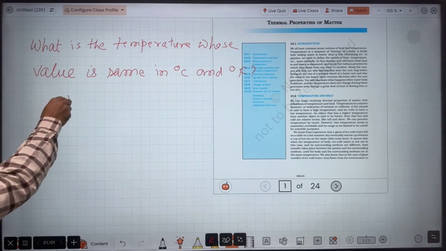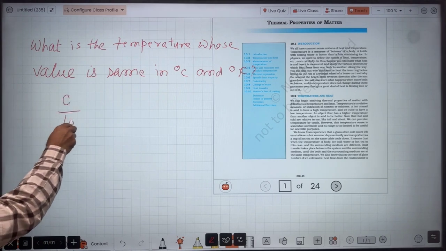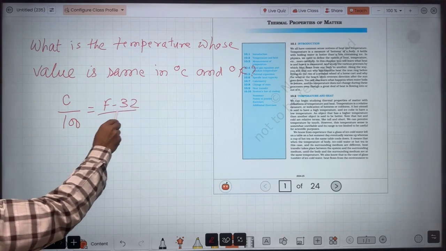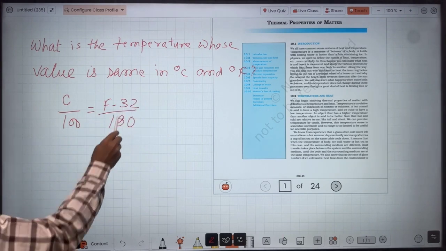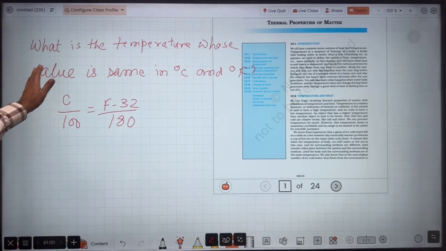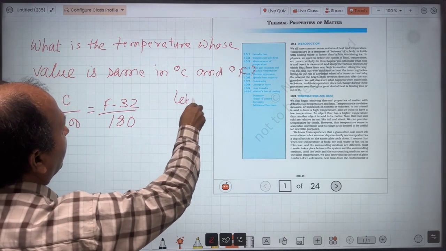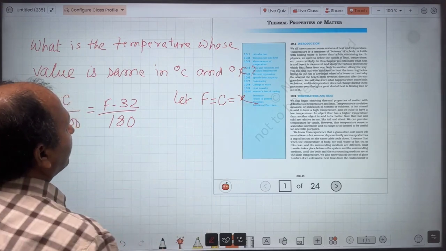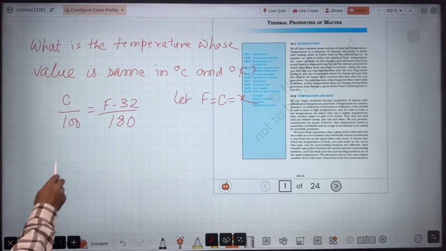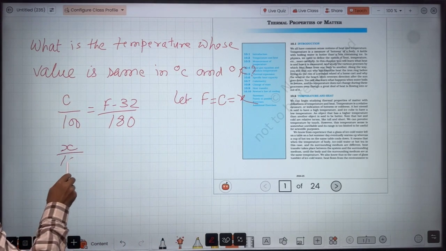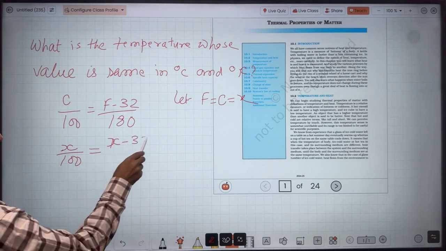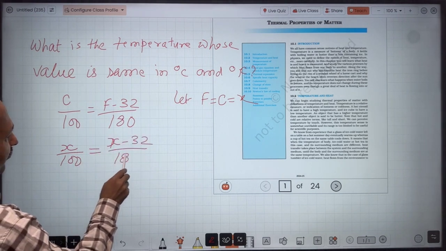The formula you know, C upon 100 is equal to F minus 32 divided by 180, right? Here the question says the temperature should be the same. So let F equal to C equal to X. So if we write here, X upon 100 equal to X minus 32 upon 180.